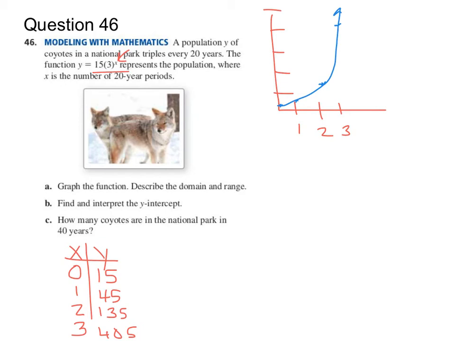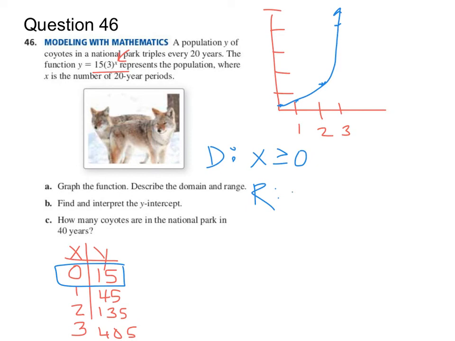So the domain of that function is your X values. What can I plug in for X in this equation? In this case, because it doesn't make sense to go negative, I would say X is greater than or equal to 0. Once again, X can equal 0 because that's the starting amount of my population. My range here is always your Y values, technically.